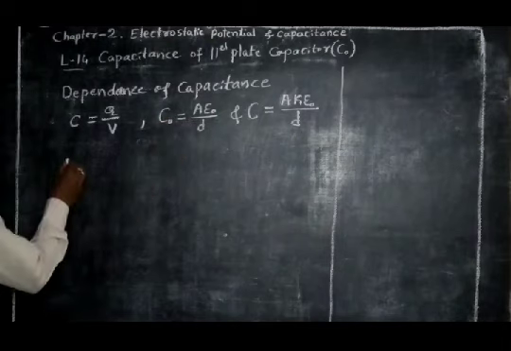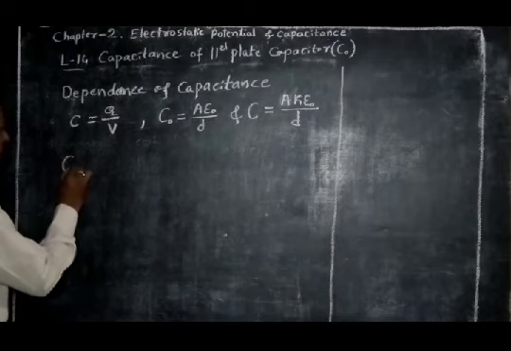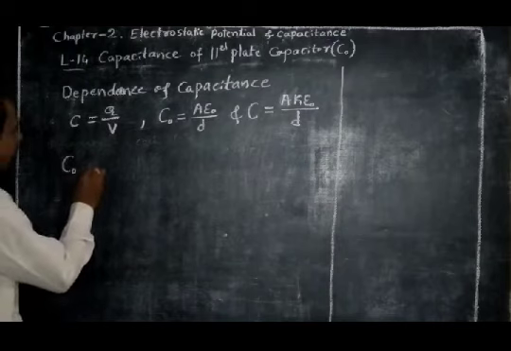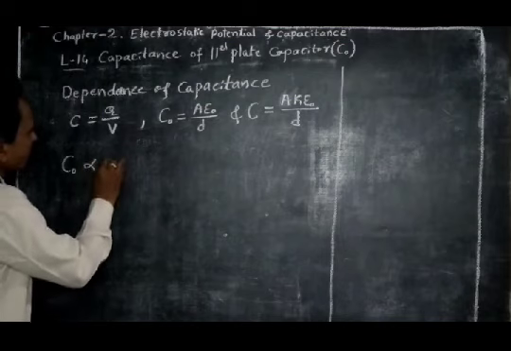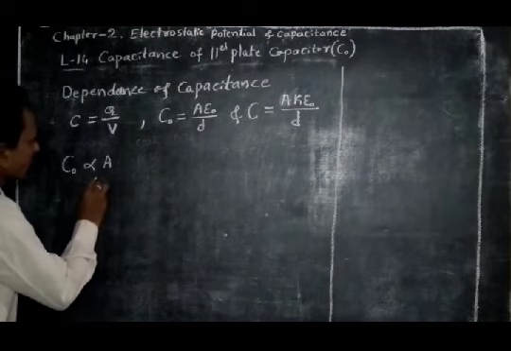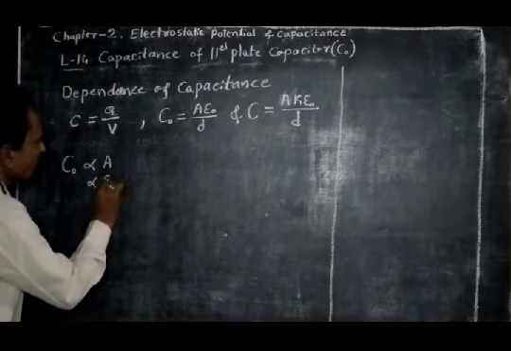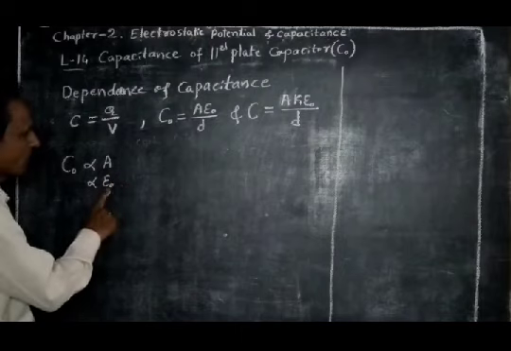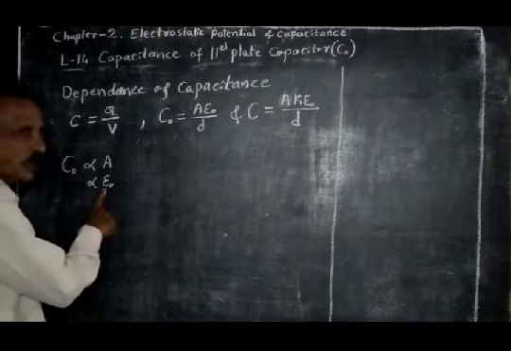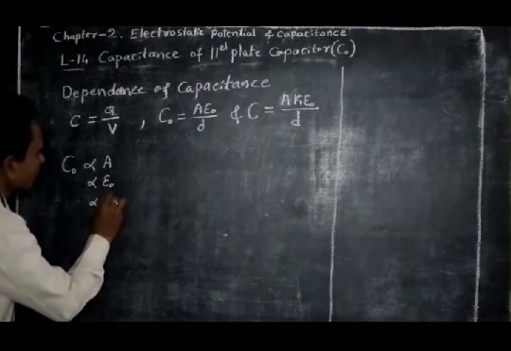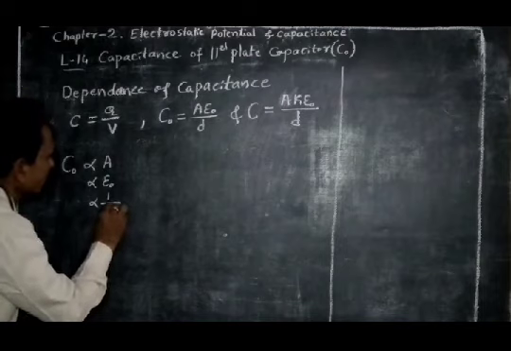Here, capacitance of a capacitor with air medium is directly proportional to area of the plates, directly proportional to permittivity of the medium (for air or vacuum, permittivity is epsilon naught), and inversely proportional to distance between the plates.